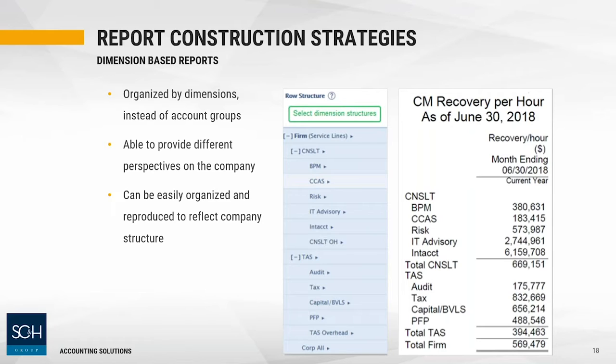Extrapolating to what that means for your maintenance: say your business added a new department, and you were using filtered account groups by department on your reports, you would then have to duplicate that account group and then filter it by that new dimension for every instance in which you're using that in a report. However, in the same example, if your business added a new department and you're using a dimension-based report, you would simply add that dimension to your dimension structure that forms the basis of this report. And then from there, it would flow through to all the reports that are using that same structure.